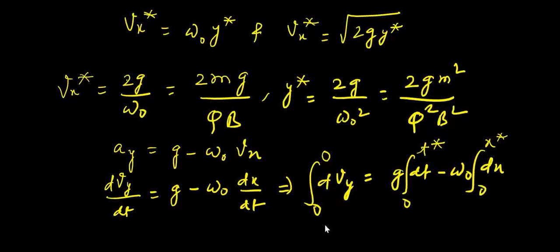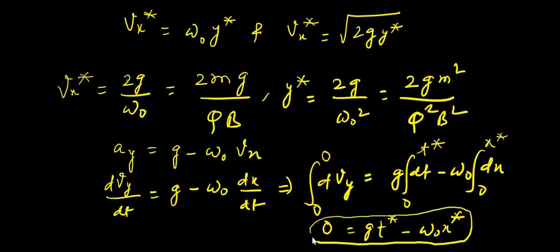I get the result 0 equals g t star minus omega naught x star. Let's see what it tells us. From this equation, we get the value of t star as omega naught x star upon g.